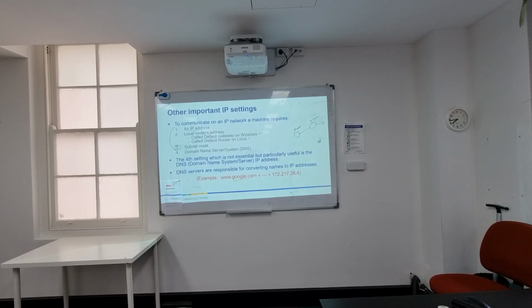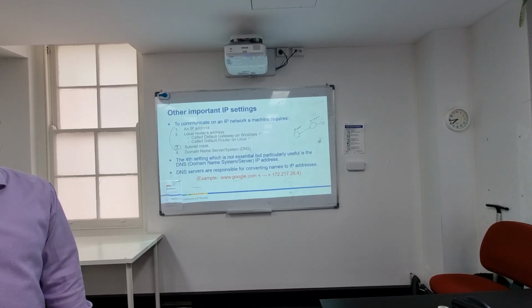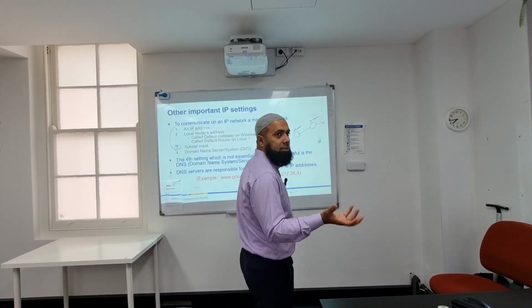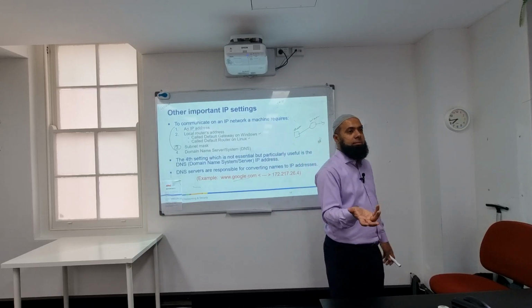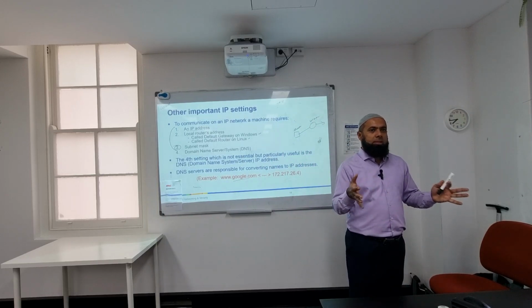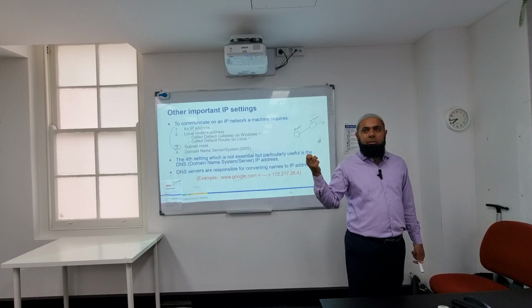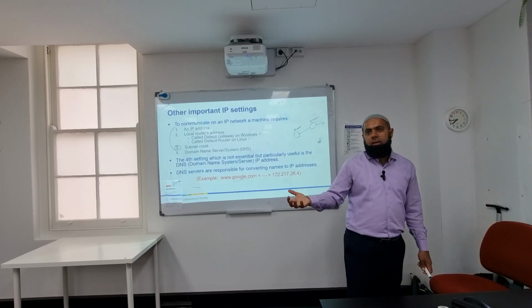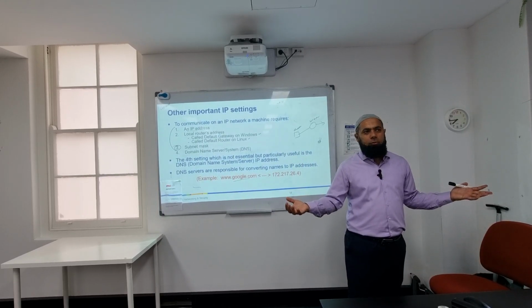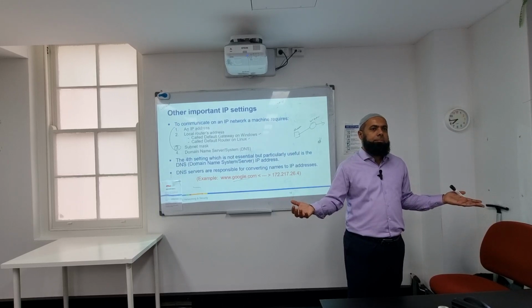For example, if someone says 142.196.50.2, and if I say yahoo.com, which one is easy to remember? The first one or the second one? The second one, because as humans, we understand alphabets more easily, whereas computers understand numbers more easily. That's the difference between the capabilities. We have the capability of alphabets; computers have the capability of numbers.